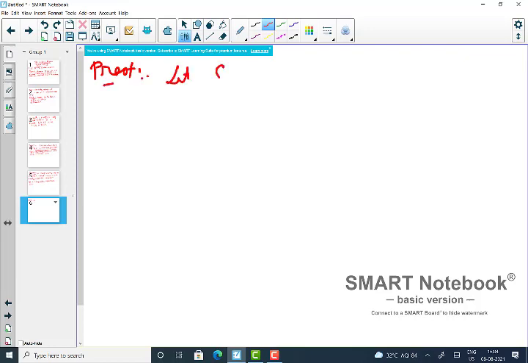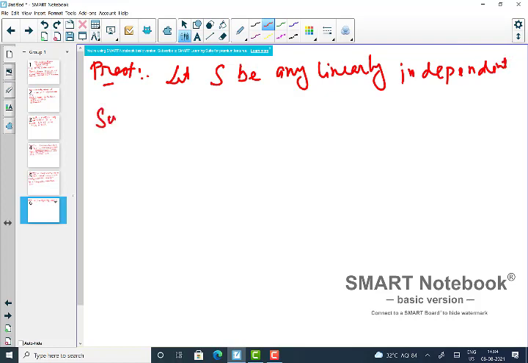Let S be any linearly independent subset of V. I need to prove that S is actually contained in some maximal subset.